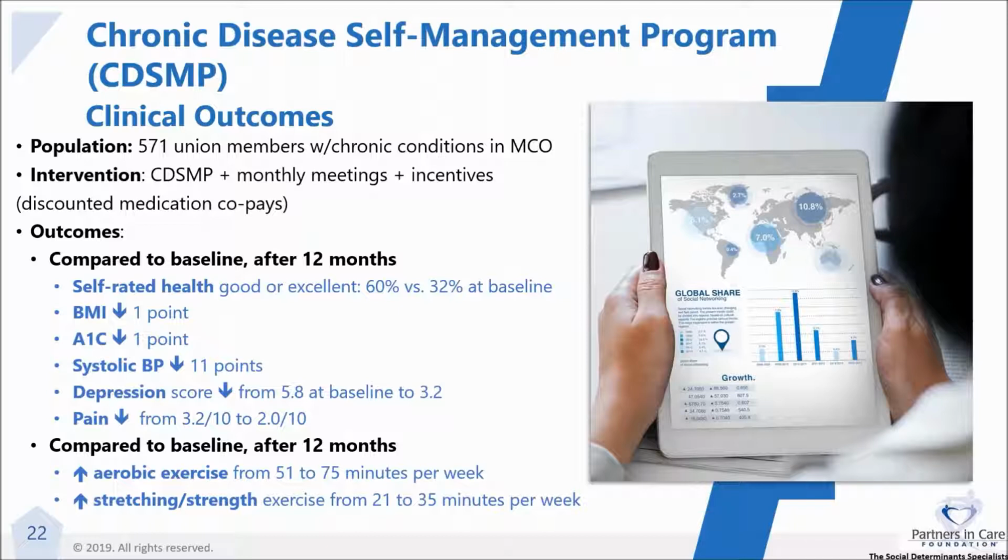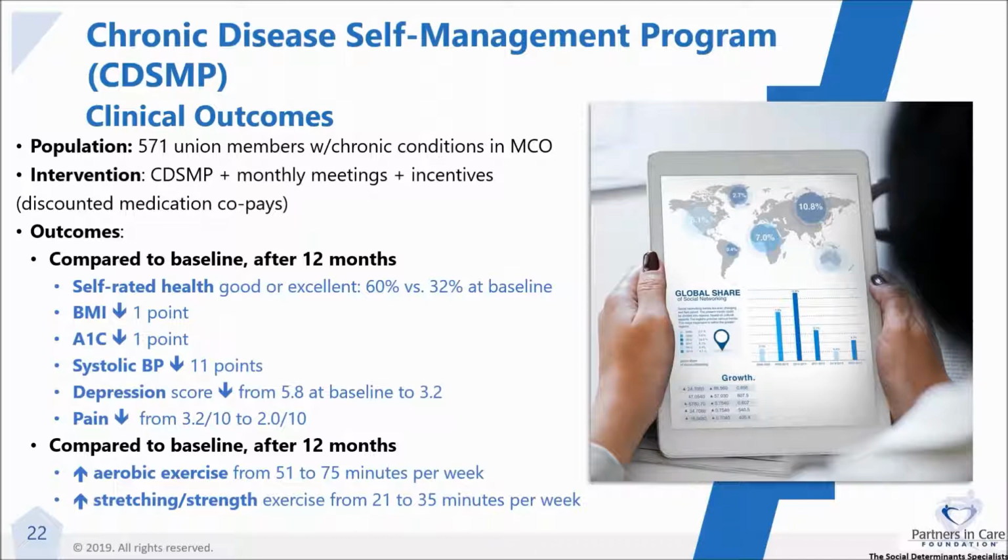And it showed that in this group, after 12 months from baseline, so the outcomes held for a 12-month period after the folks went through the workshop, their self-rated health went up to 60% from 32% at baseline.